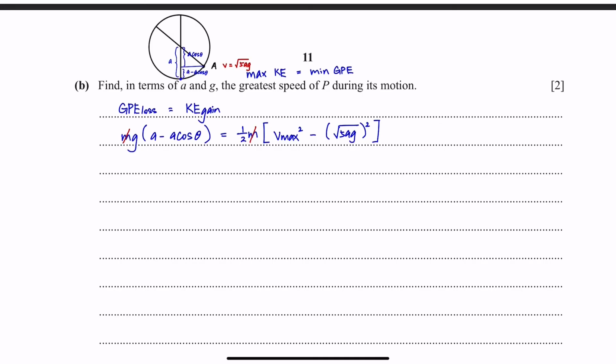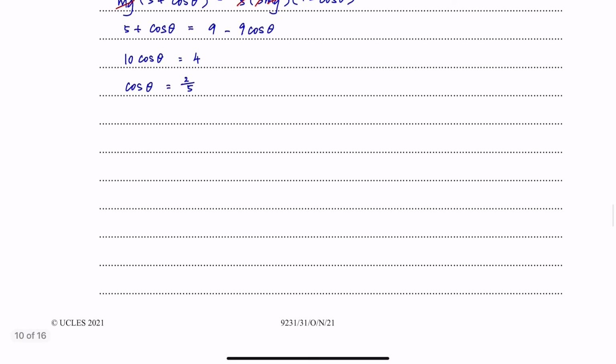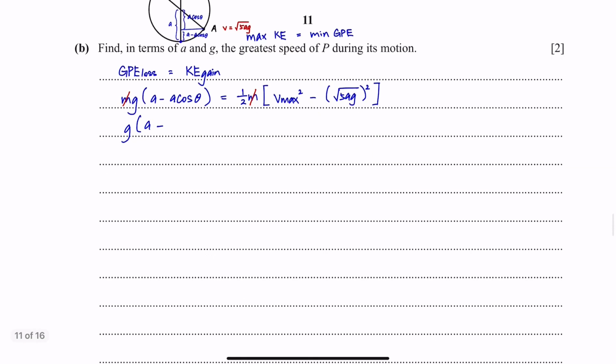So we can cancel off the m. We have g times (a minus, okay, cos theta is 2 over 5 as we found in part A) so minus 2 over 5 a equals half times v max squared minus 5ag.